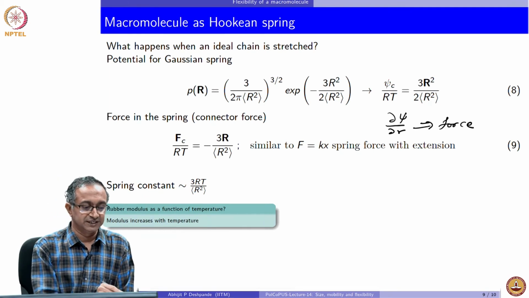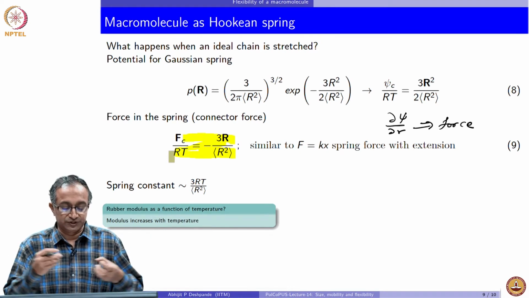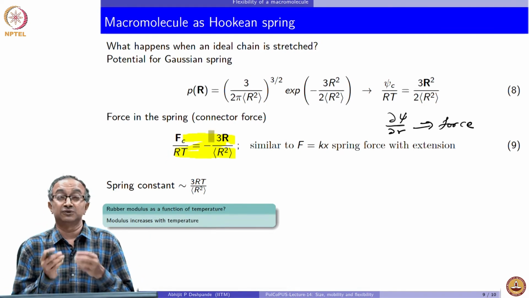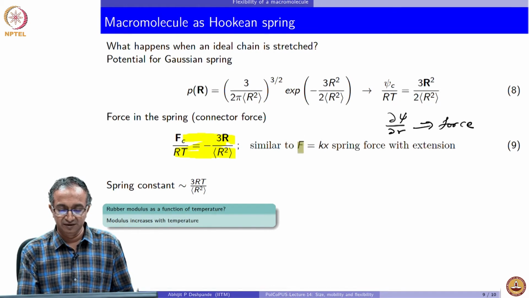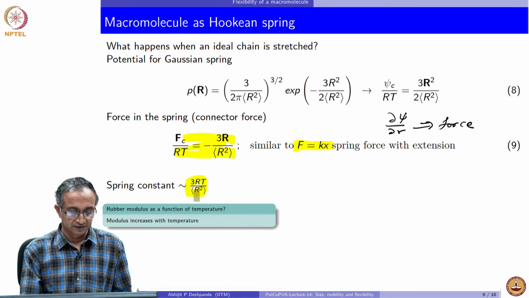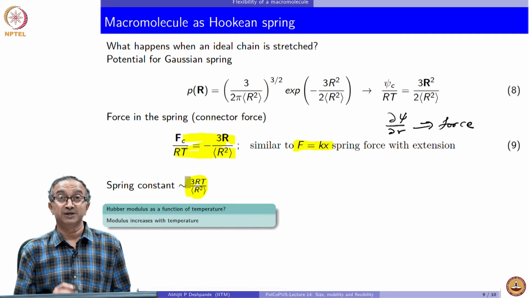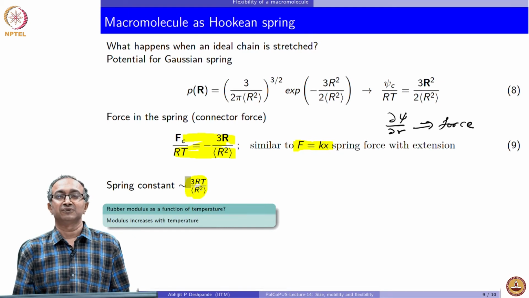So the force experienced by this macromolecular object is directly proportional to the distance between the ends. This is very similar to a spring constant in the case of a Hookean spring, where force is proportional to the extension of the spring. The spring constant is 3RT divided by the mean square end-to-end distance. This is very important because it says the spring constant increases with temperature in the case of a macromolecule.